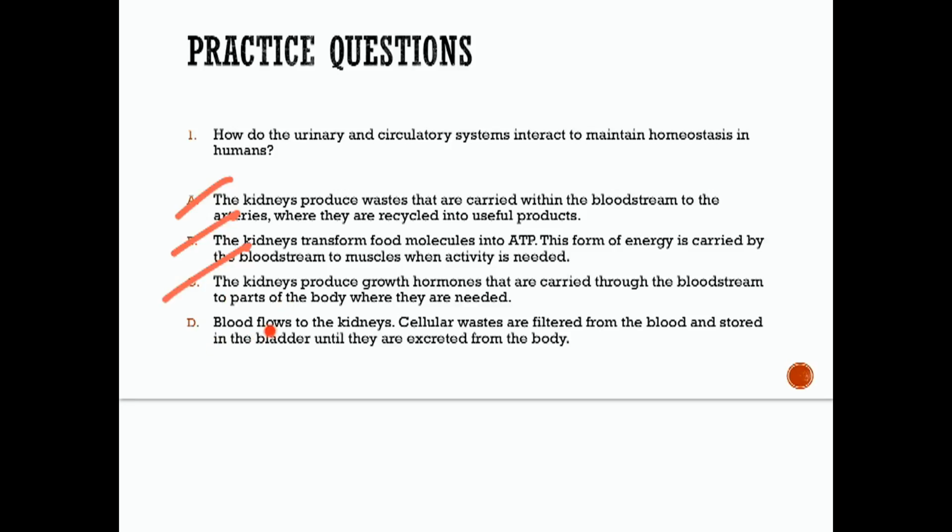It does indeed flow to the kidneys, which is urinary. Cellular wastes are filtered from the blood, yes, and stored in the bladder, yes, which is urinary, until they are excreted from the body, yes, which is still talking about urinary. So thank you. D does indeed make sense.